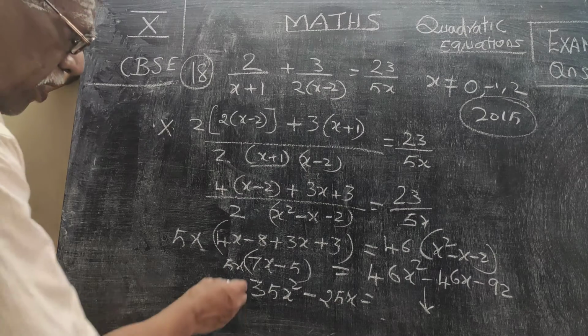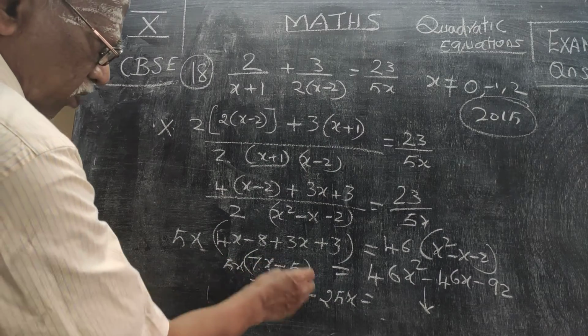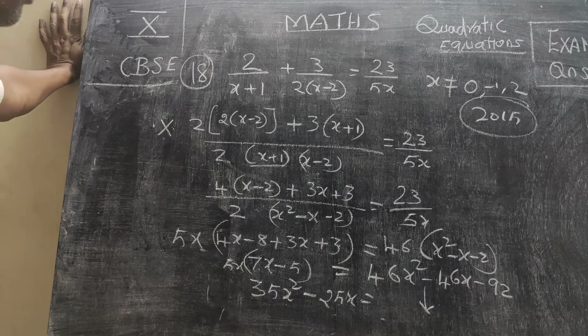On multiplication, 5 into 7, 35x square, 5x into 5, 25x equal to this.